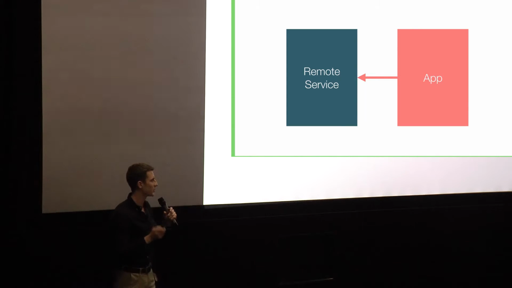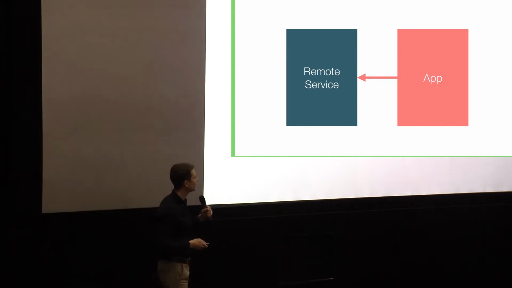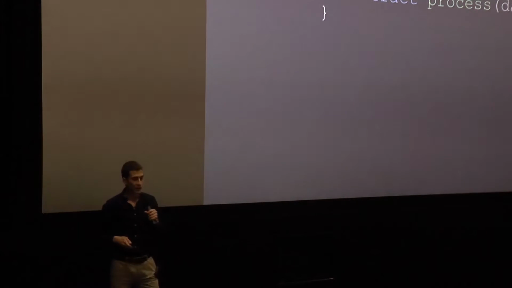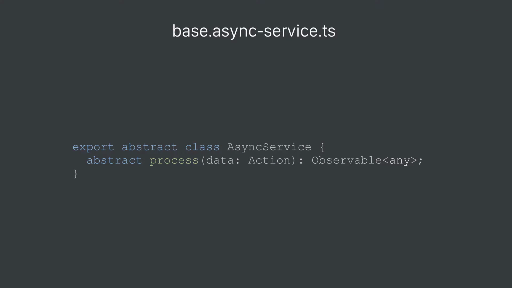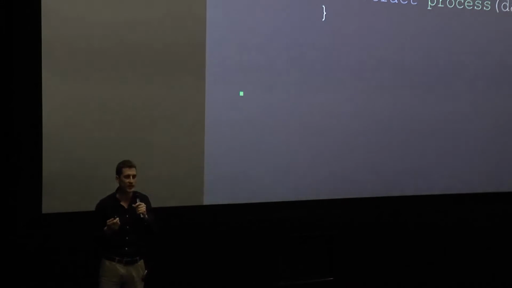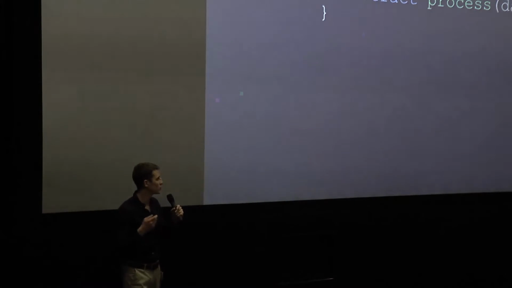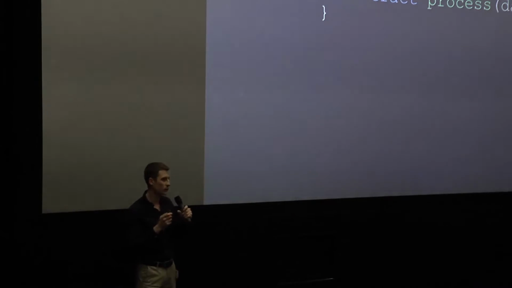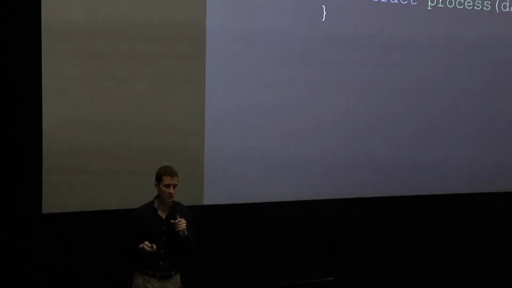So it creates this bridge here. This is the abstraction of the asynchronous service. Basically, the asynchronous service has nothing more than a single method called process. It accepts an action. It should map this action to a command which is understandable by the remote service, and it returns an observable.